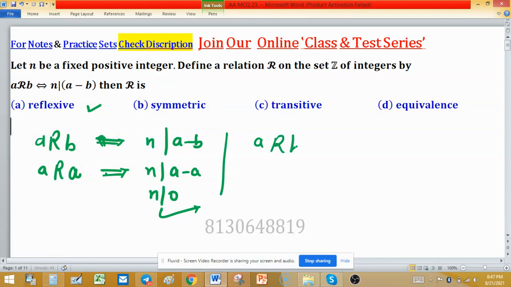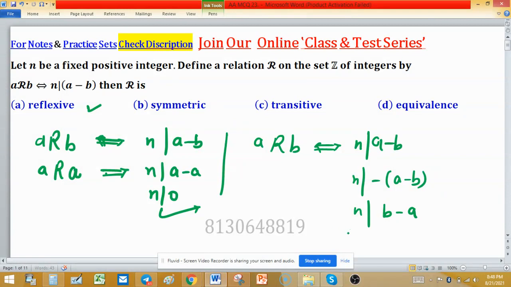Second, we need to check symmetric. If a is related to b, this means that n divides a minus b. If n divides a minus b, it means n divides the negative of a minus b, which is equal to b minus a.